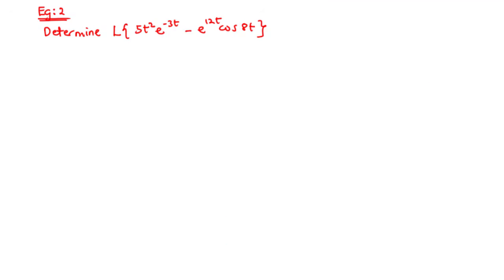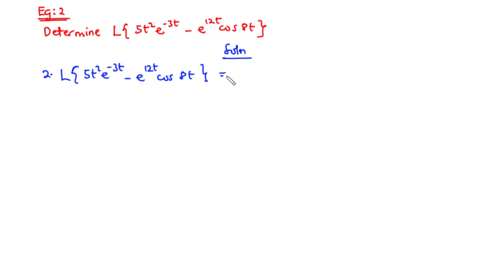So for the second example, we are going to determine the Laplace transform of 5t squared times e to the power negative 3t minus e to the power 12t cos 8t. So we have the Laplace transform of 5t squared e to the power negative 3t minus e to the power 12t cos 8t.